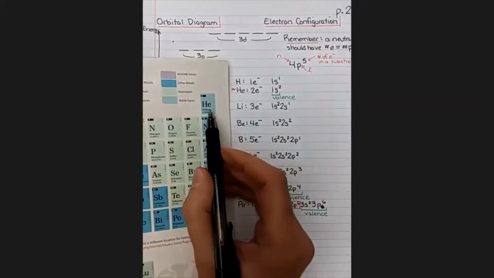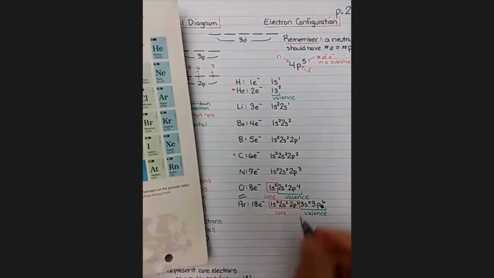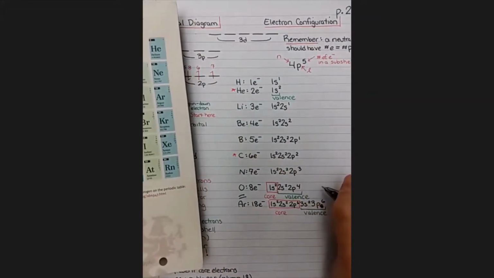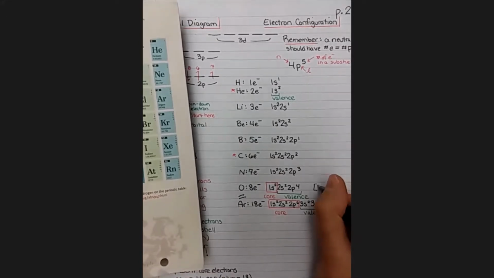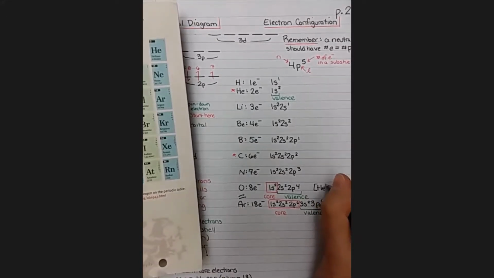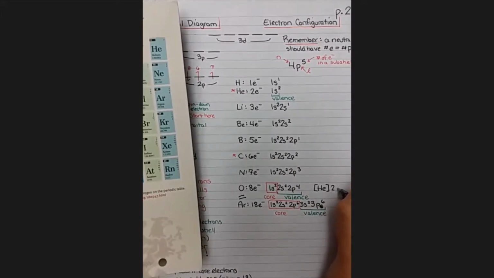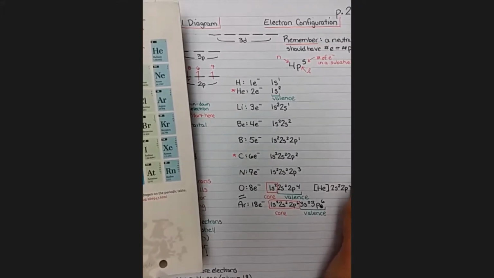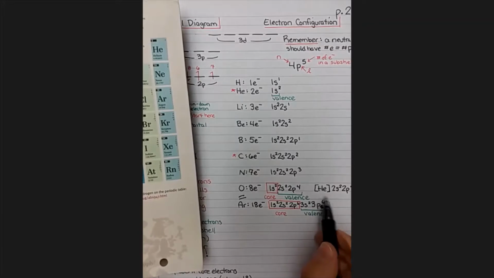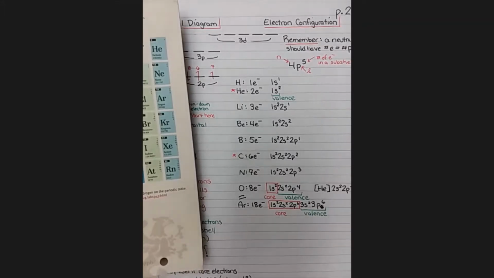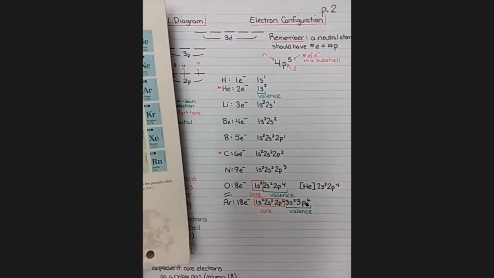So I'm taking out one helium equivalent from my notation because helium is here on the right side. So if I wanted to rewrite oxygen in the shorthand, I would write helium for all my core electrons, and then I would write the valence electrons afterwards that I actually care about. So in shorthand notation, we would write oxygen as helium, 2s2, 2p4.